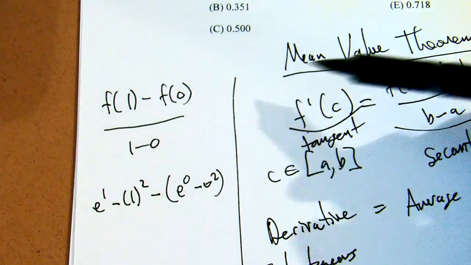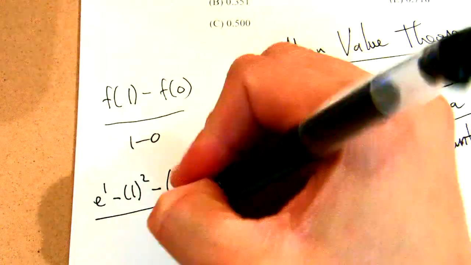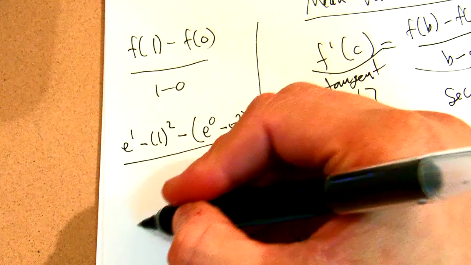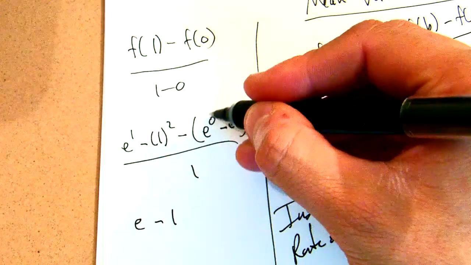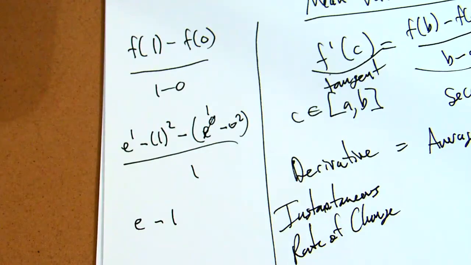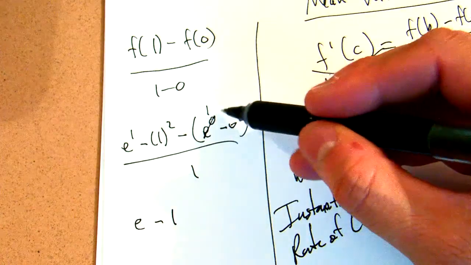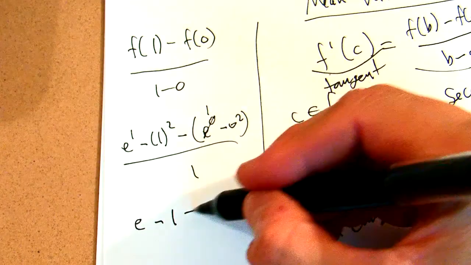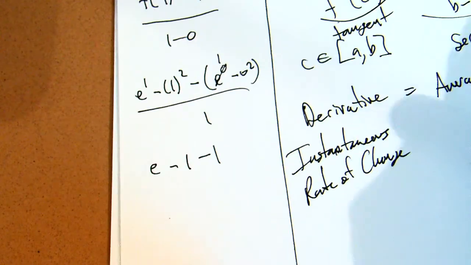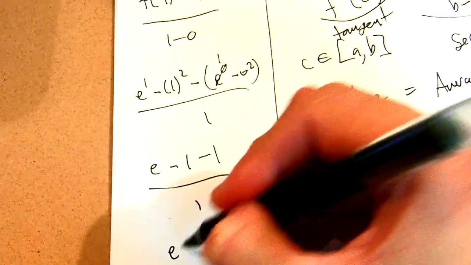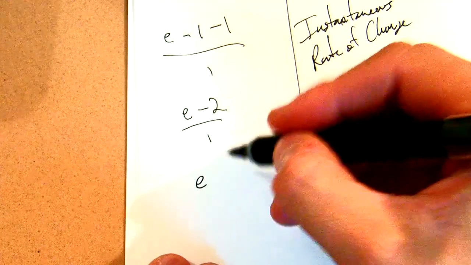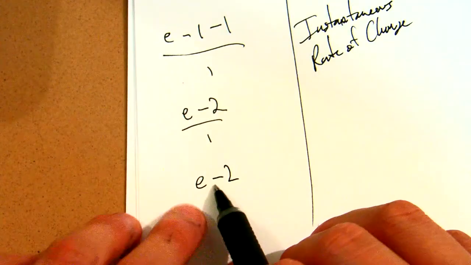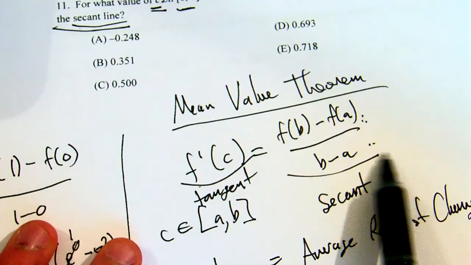Note, all I did was plug them into the function f, all over 1. So simplifying this gives me e to the 1, e to the 0 is 1, right? And that's just 0, so it's minus 1 here, okay? And then all over 1, so this is e minus 2 over 1, which is clearly just e minus 2, right? So this here is this piece.